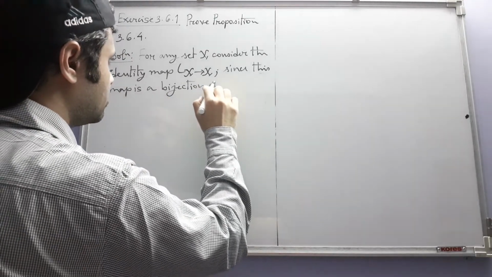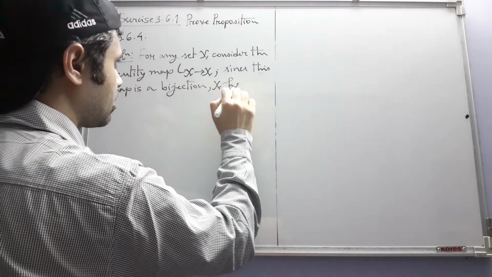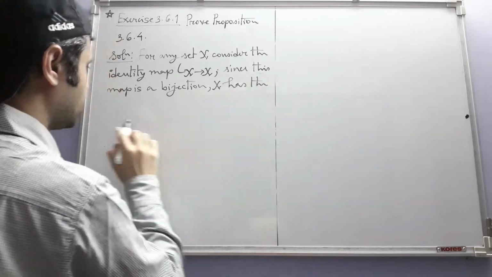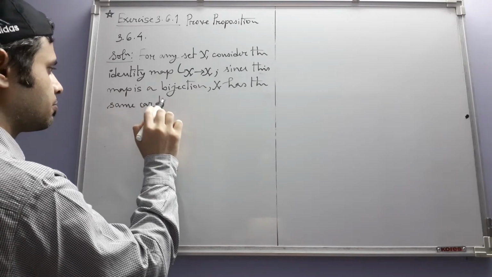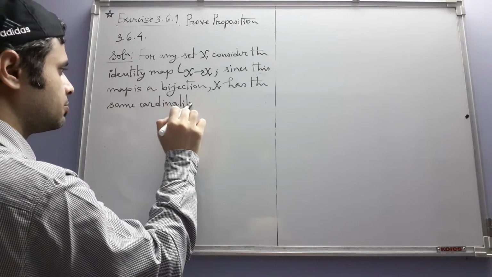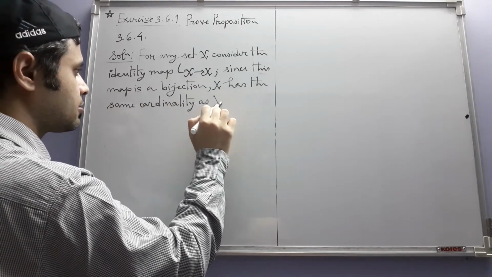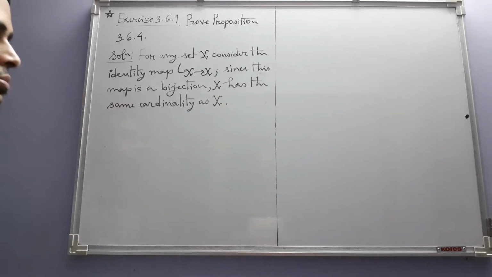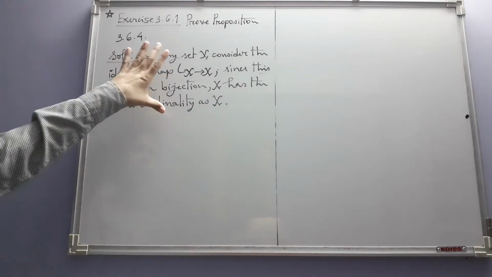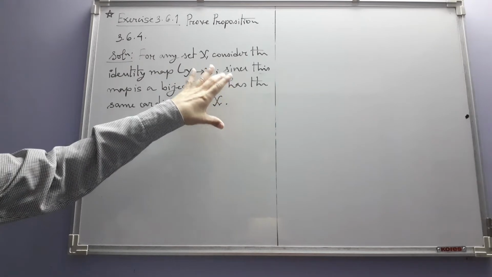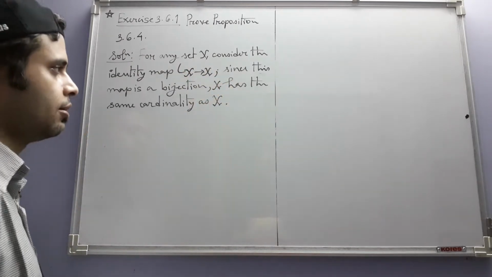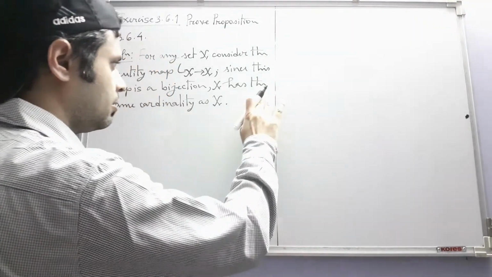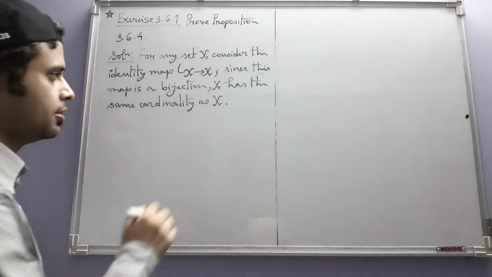The bijection shows x has the same cardinality as x. Then this shows that this relation is reflexive. Every set has the same cardinality as itself. Next, we show that the relation is symmetric.